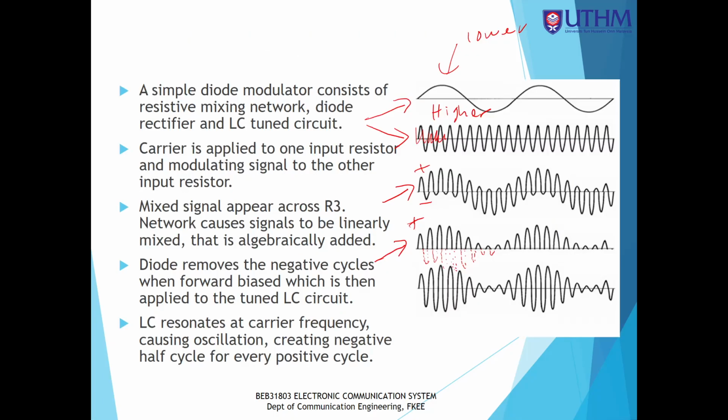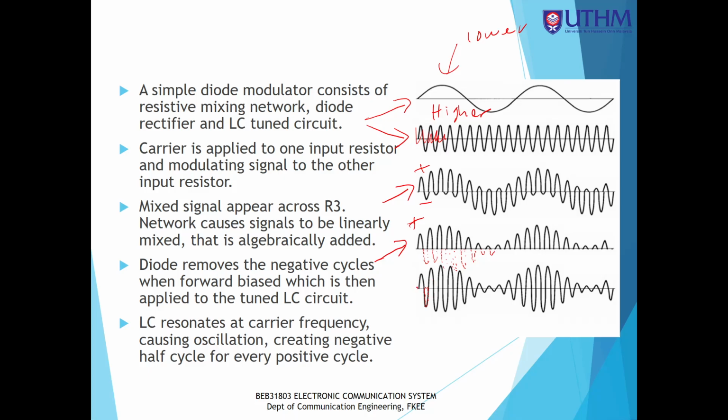The LC tank circuit actually complements the output signal. What I mean by complement is that during the reverse bias, or during the negative cycle of the signal which has been clipped off, the LC tank circuit will discharge. You see that the negative side here is produced by the LC tank circuit.